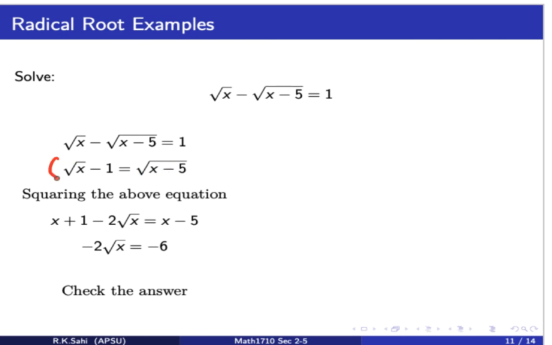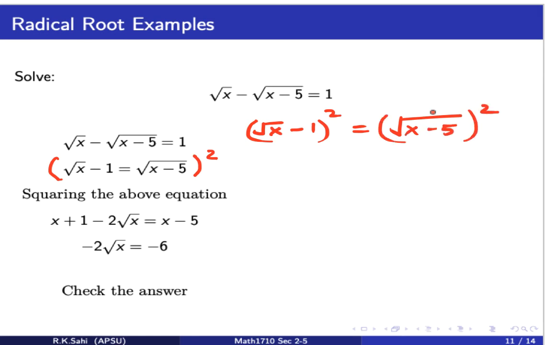Once again, we are going to square this equation. Now when we square, what do we get? We have square root of x minus 1, the whole square, equals square root of x minus 5, the whole square. Remember, the square root and the square cancel out.